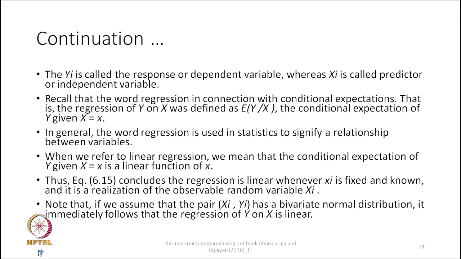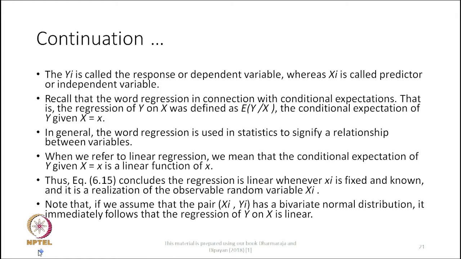Whenever this conditional expectation is a linear function of x, we call the corresponding regression a linear regression. Fine. And equation 6.15 concludes that the regression is linear whenever xi is fixed and known, and it is a realization of the observable random variable xi. Fine.